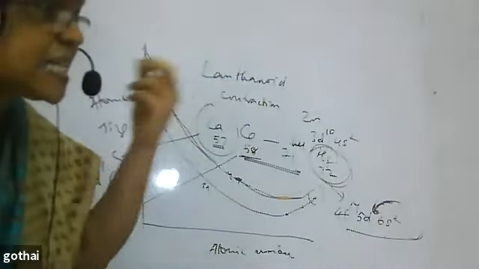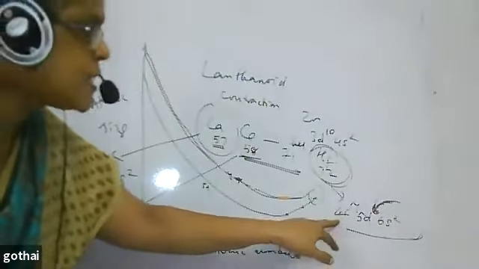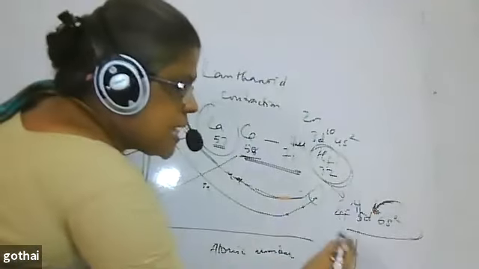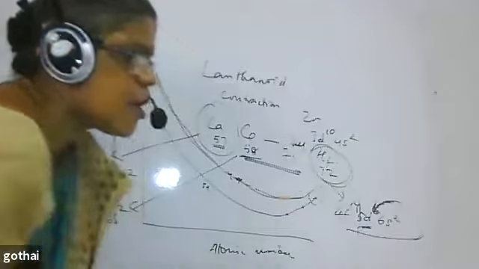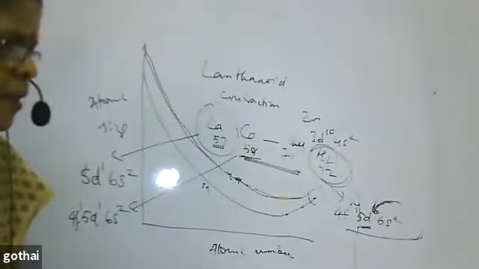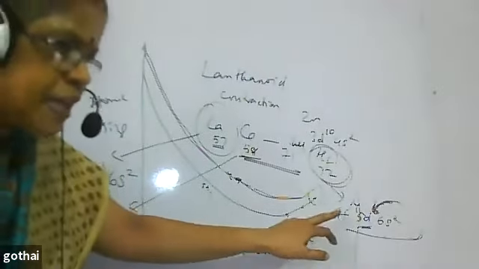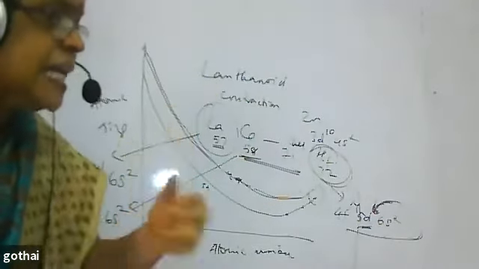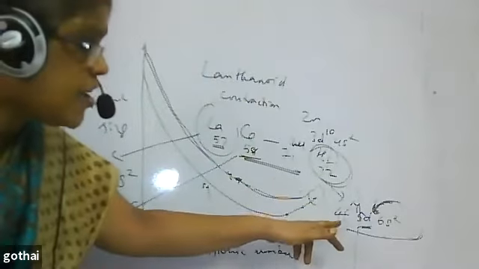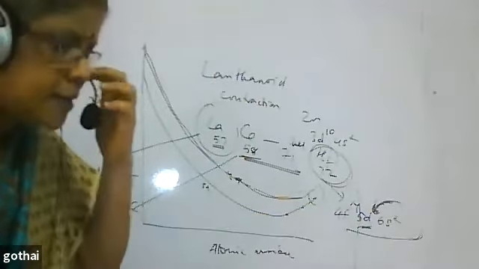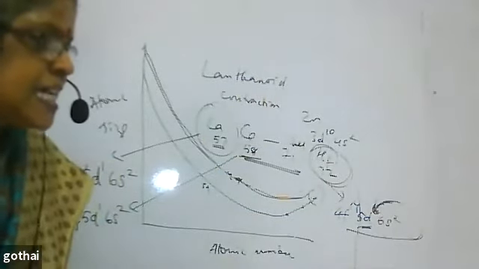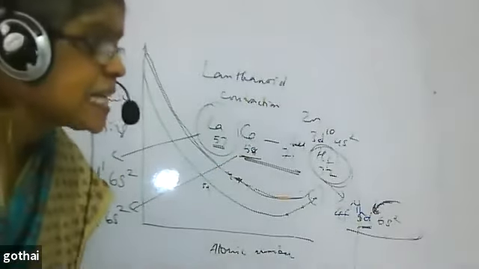But here we are talking about the 4f orbital, which is completely filled. Now you are filling the electron in the 5d orbital. When the f orbital is completely filled, the shielding effect increases.